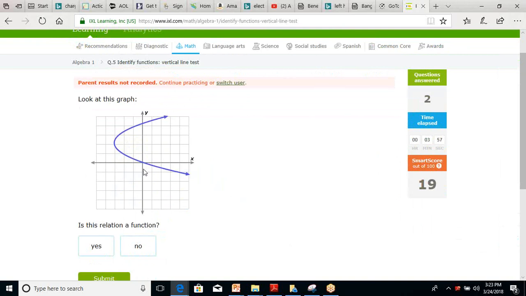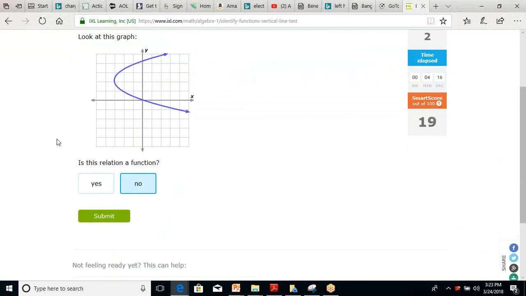So it's going to have more than one y value, right? Or if you take x value 2, it's going to have a point there on the y-axis, and it's going to have a point down here. So it's not a function, right?